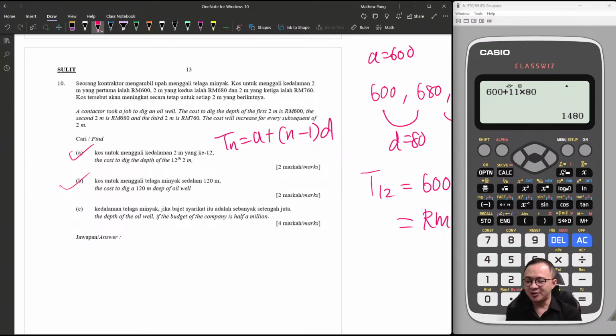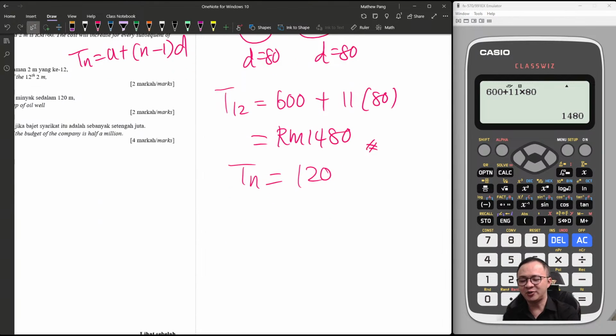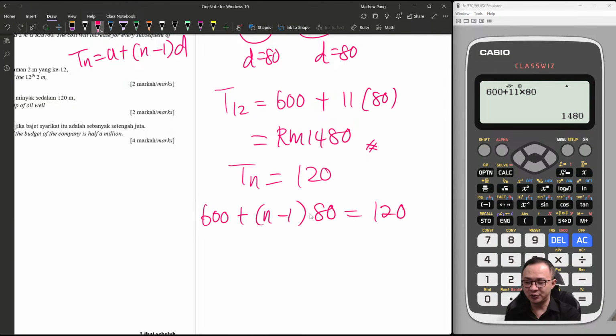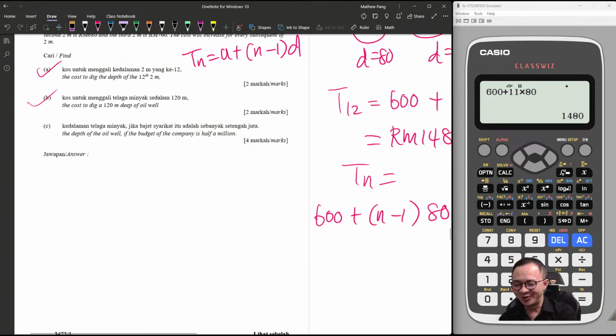The cost to dig 120 meter. This one is Tn for 120. So we now need to find n. A plus n minus 1 D equals to 120. Eh? No, not so easy. This one is about costing. 120 meter, how much they need to pay?